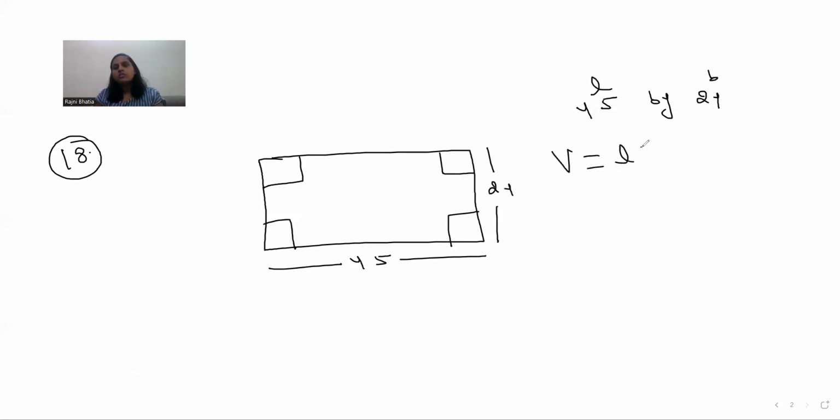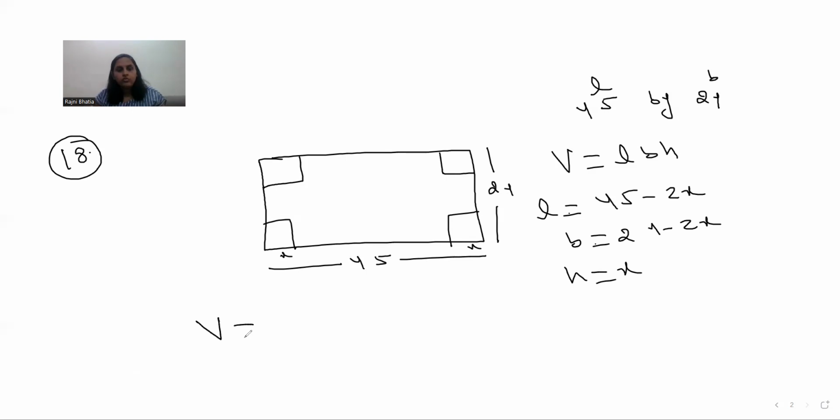Now, volume of the box is given by L into B into H. In this case, our L will be 45 minus 2x, our breadth will be 24 minus 2x, and our height will be x. So the volume of the box will be 45 minus 2x into 24 minus 2x into x.